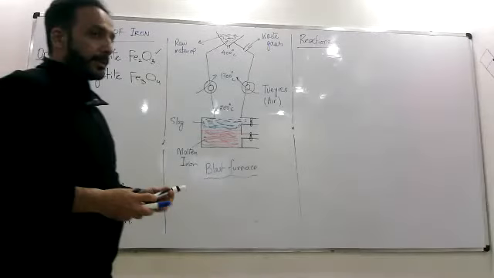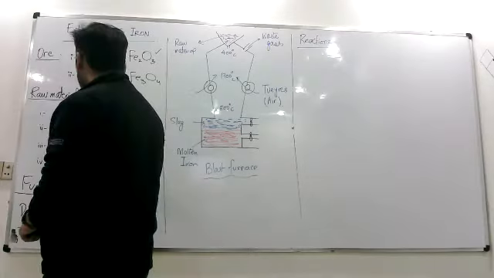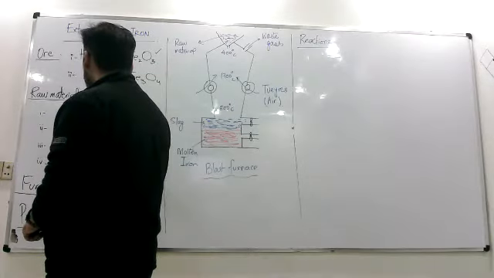So in the reactions of blast furnace, we try and write them in this sequence. This limestone that we have put into it, it's like calcium carbonate, CaCO3. Carbon is this coke, and hematite is this Fe2O3.